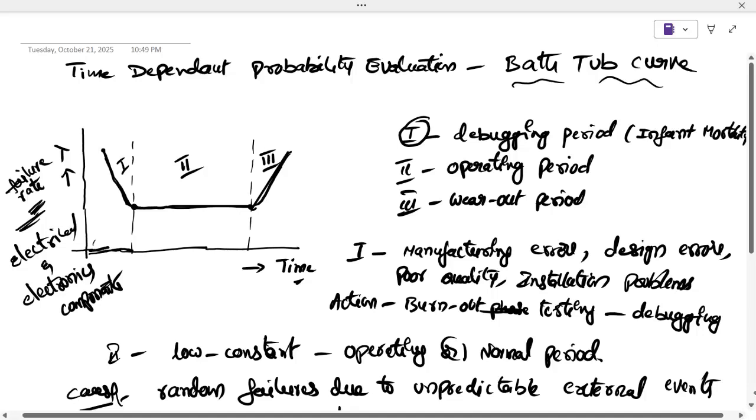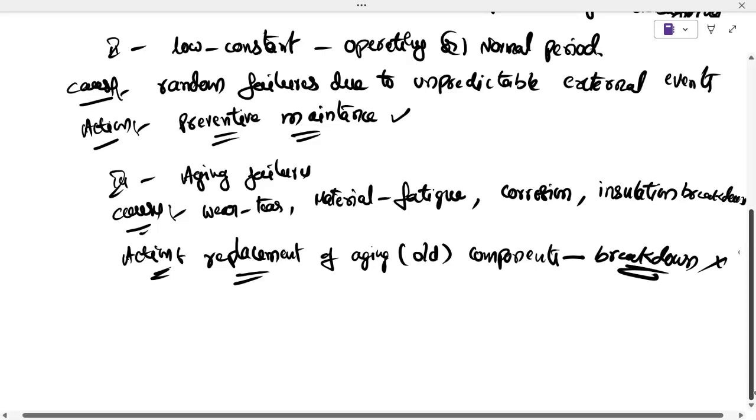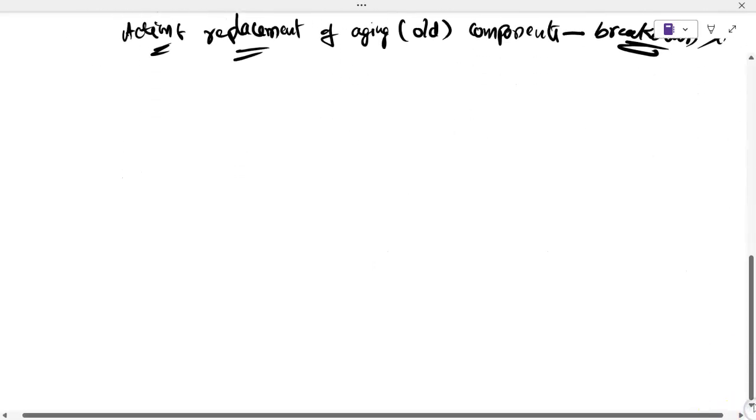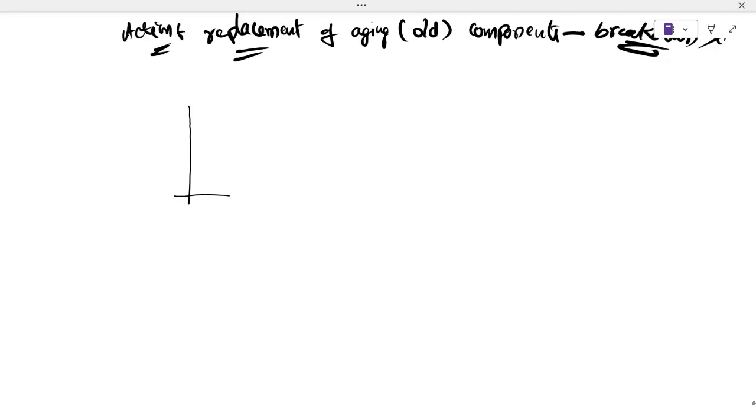Whereas if you consider mechanical components, then the bathtub curve shape will change. I will show you how it looks. It will be like this, for a mechanical component. What is the main difference here? The main difference is that the operating region is not that constant, and it is a very sharp curve.